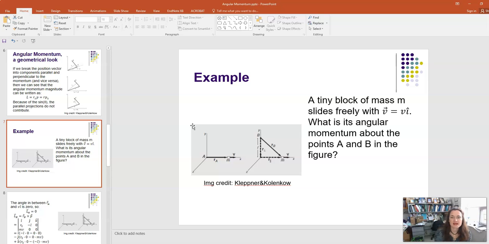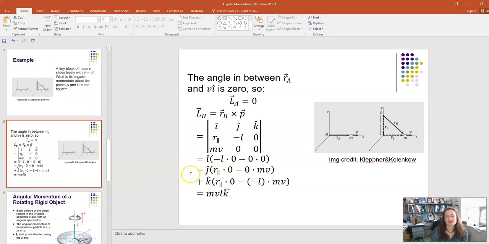What is the angular momentum of this block, a tiny little block, about the points A and B in the figure? Now, A is the origin of this coordinate system, and B is on the y-axis, offset from the origin by a distance L. So it's a distance L above the x-axis. Those are the two points as shown in the figure, A and B.